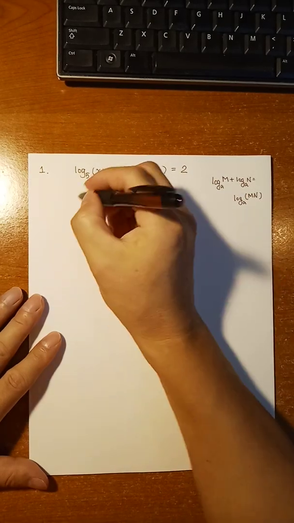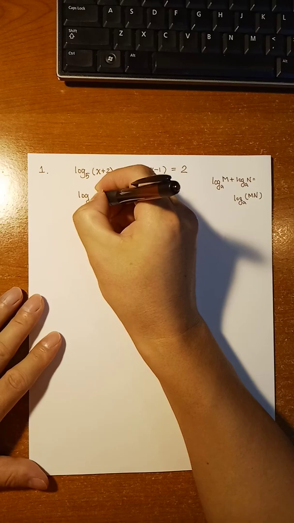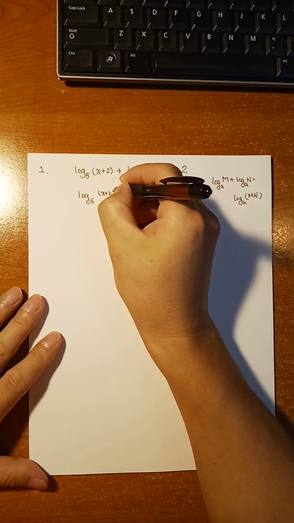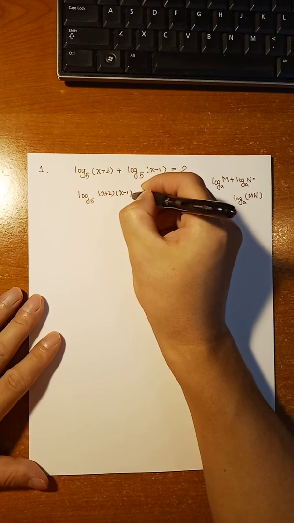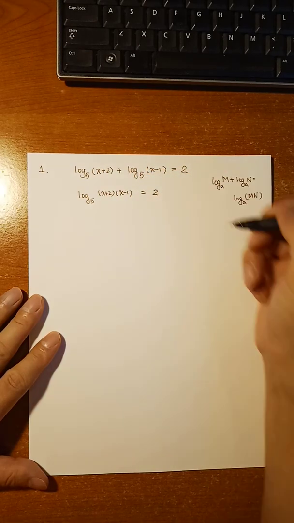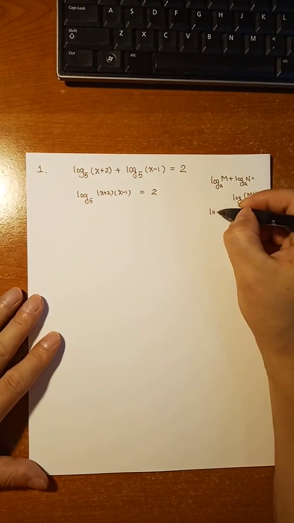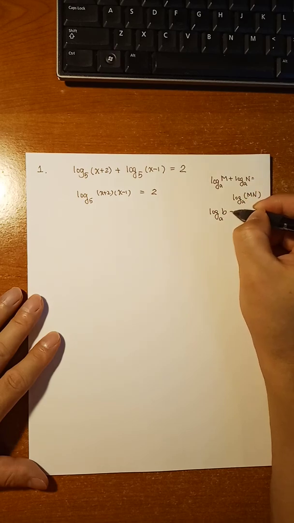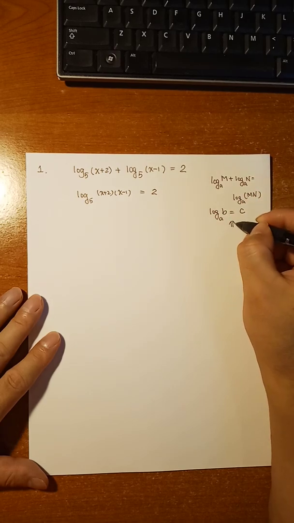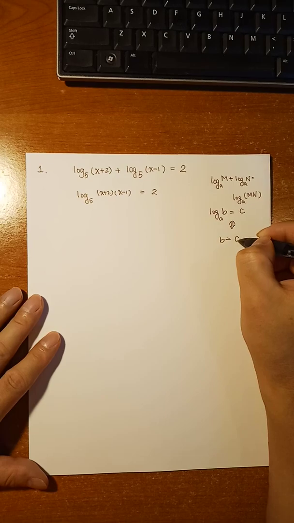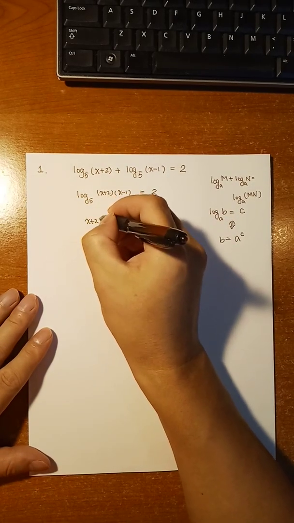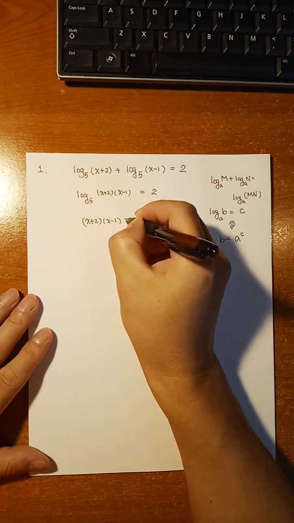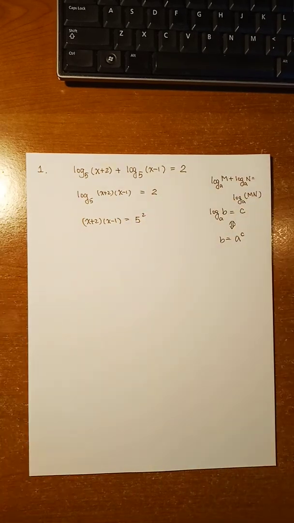So we just follow the rule to have log 5 of (x plus 2)(x minus 1) is equal to 2. And log a of b is equal to c, by definition, means b is equal to a to the c's power. So (x plus 2)(x minus 1) is equal to 5 squared.